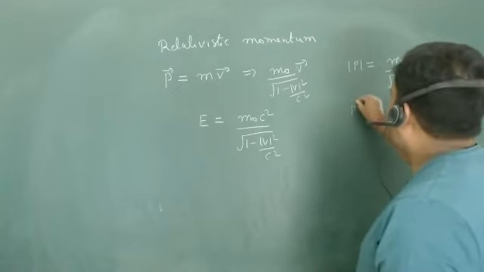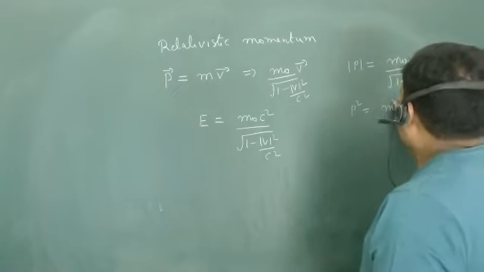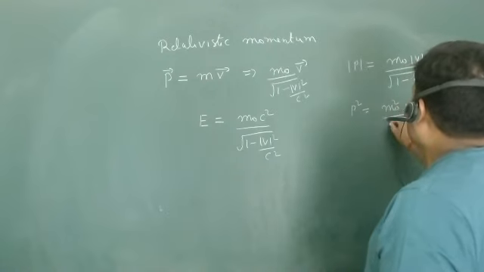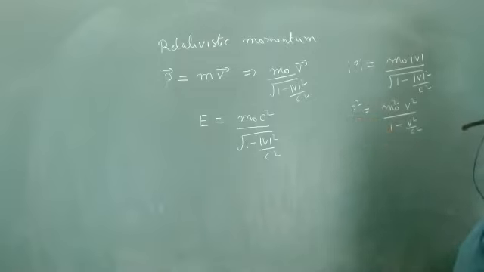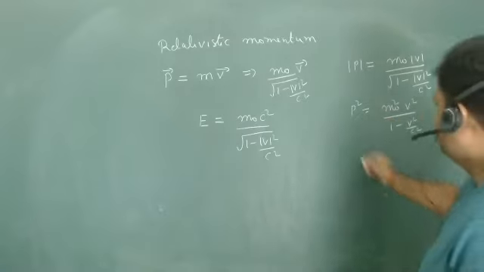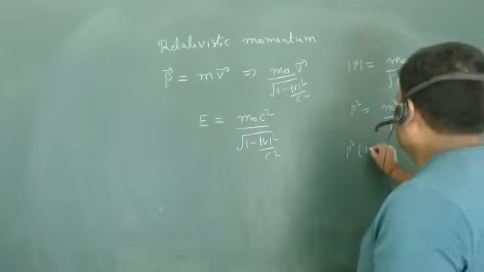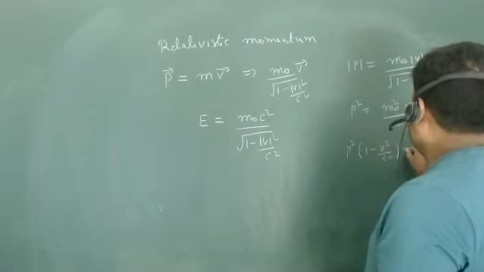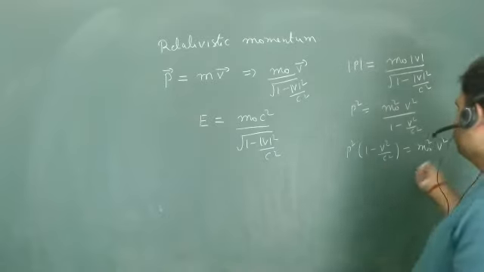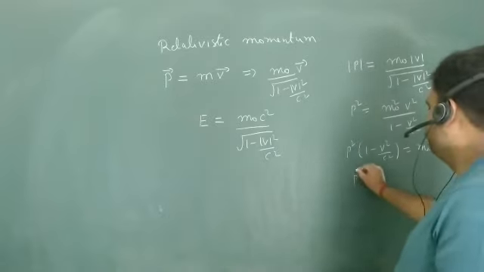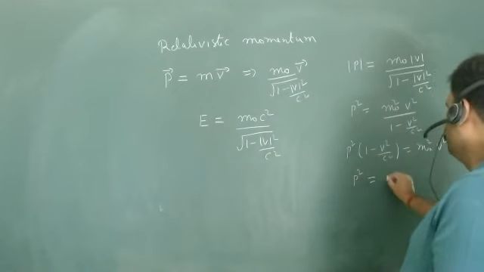Just take p square, and you have m naught square v square upon 1 minus v square upon c square, and you can write v as a function of momentum. Can we write it something like this? कर सकते क्या? Very easy, है ना? You can write p square into 1 minus v square upon c square is equal to m naught square v square, and we will take v square common.